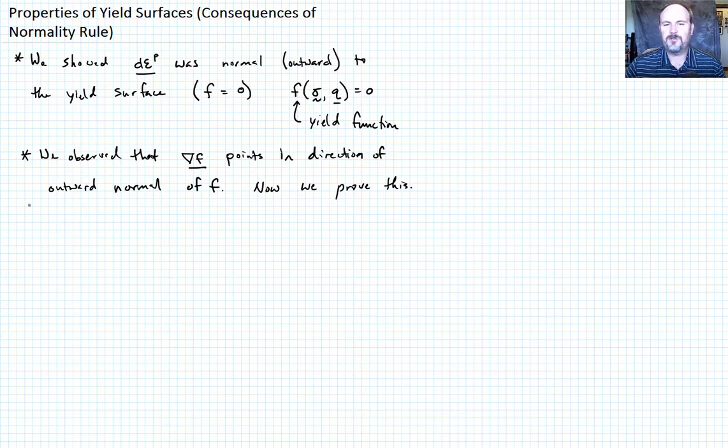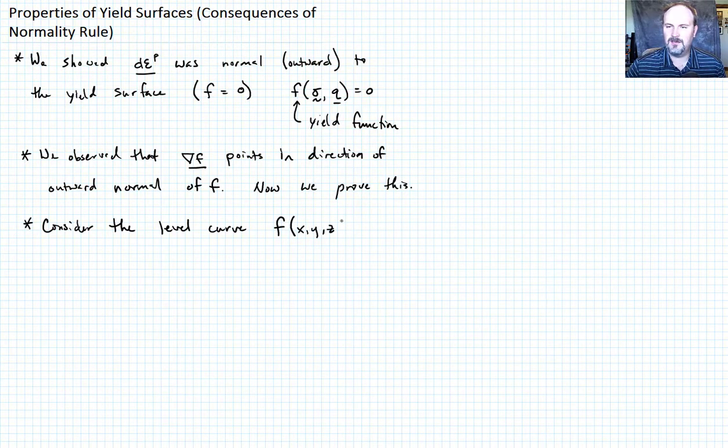Okay, so to see this, we have to parameterize this curve. So we're going to consider the level curve represented by, and this is just going to be an arbitrary curve, f of x, y, and z equals c, some constant. For our case, the constant is 0, so c equals 0.